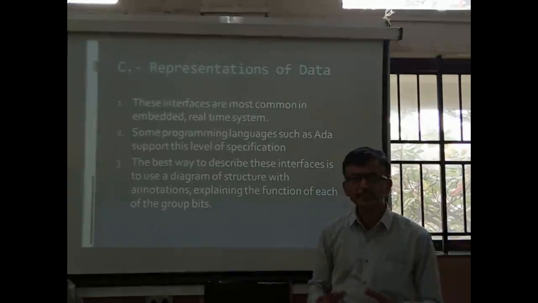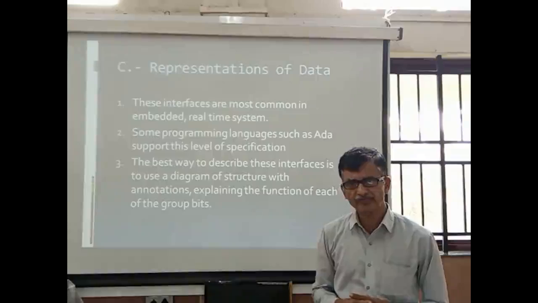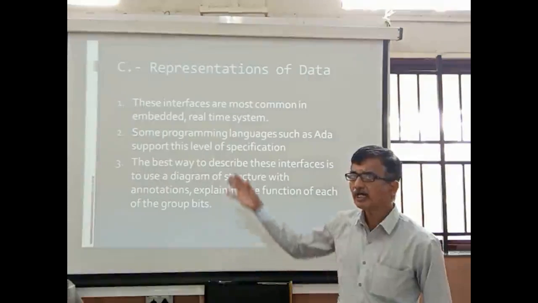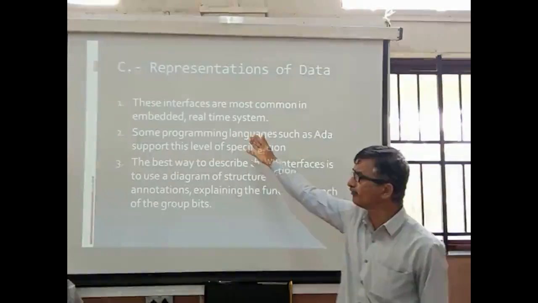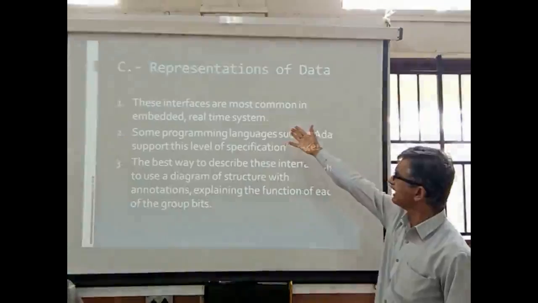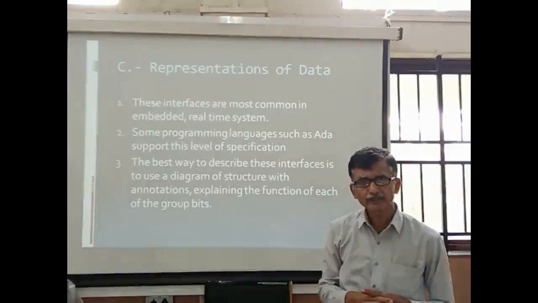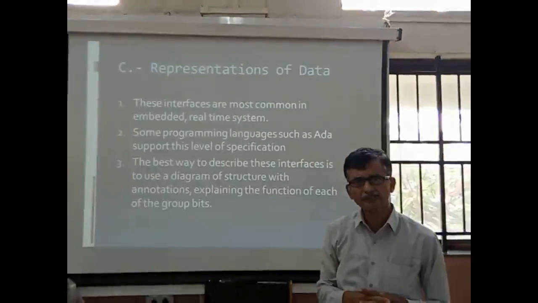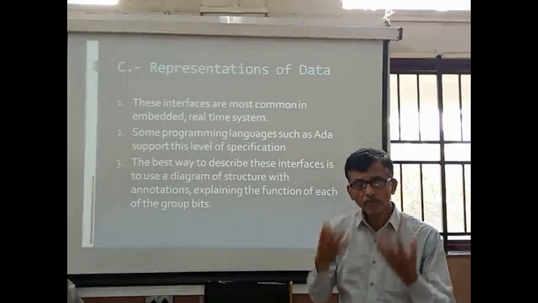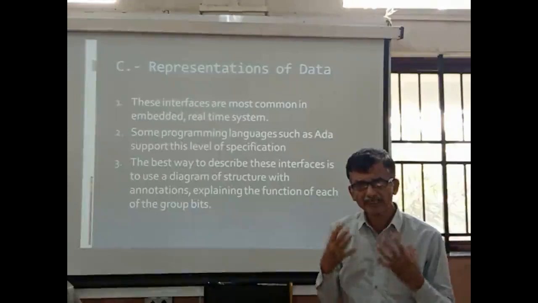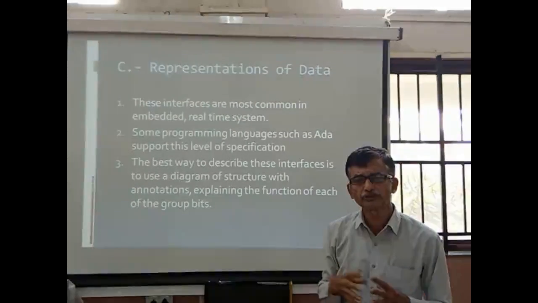Now, representation of data. This is the third type of interface. As the name suggests, it concerns the representation of data. These interfaces are most common in embedded and real-time systems. You know that embedded and real-time systems are in the electronic gadgets that come handy to the user.